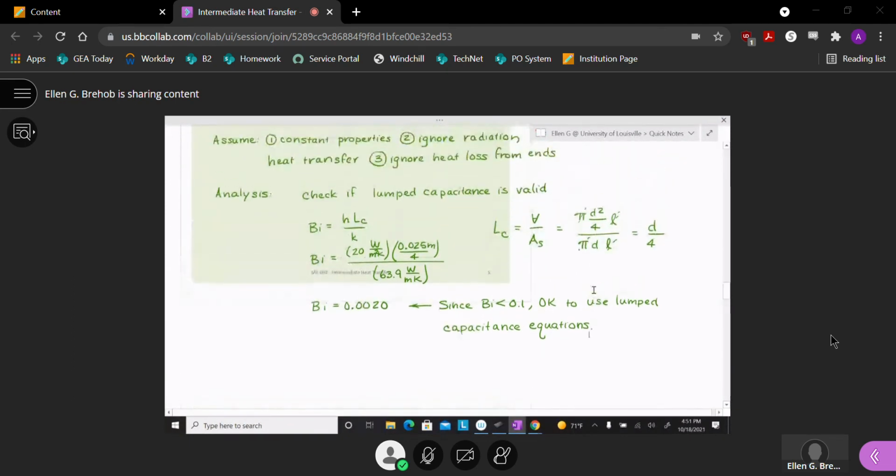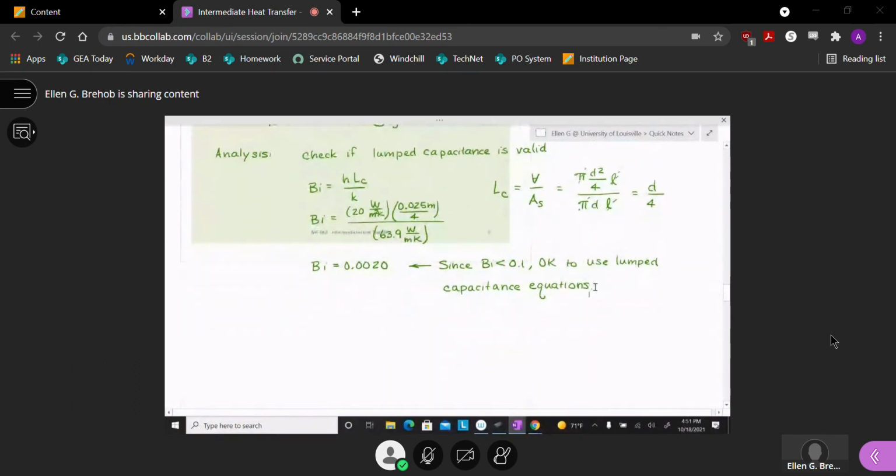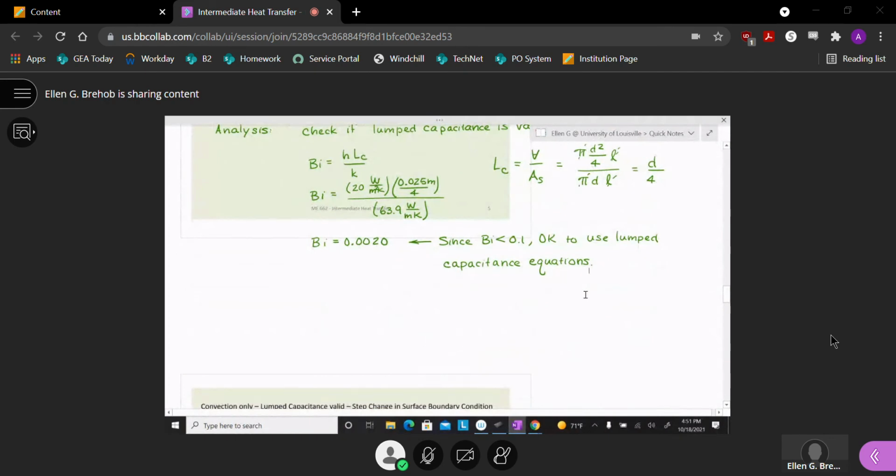We are asked to solve for the air temperature in the oven. Okay, the form of the lump capacitance equation that I wrote down looks like this.